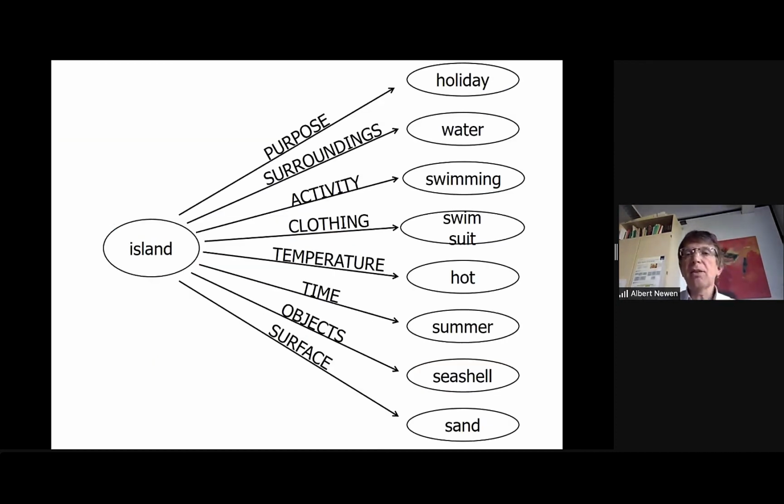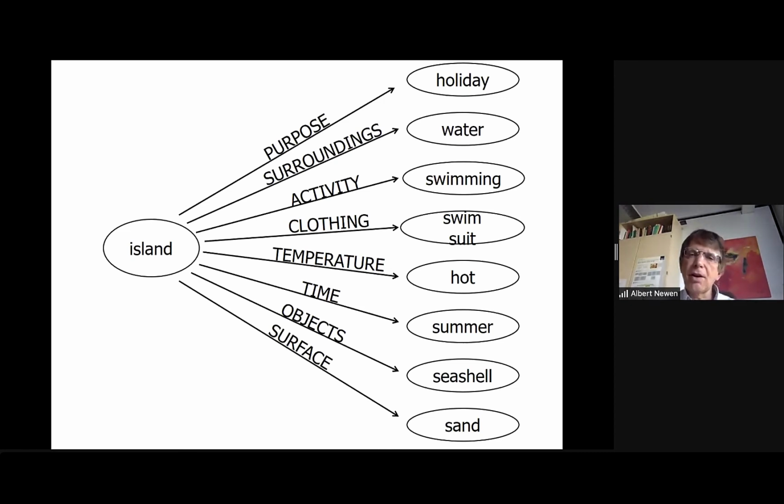How can we characterize what's going on here in more detail? And this makes use of the kind of frame representation used in Düsseldorf in the SFB and also inspired by Barsalou's work.